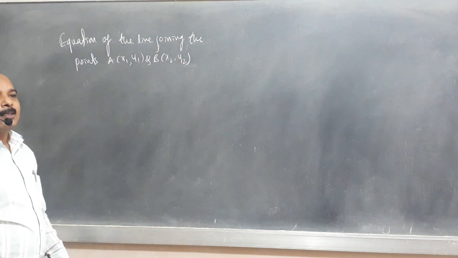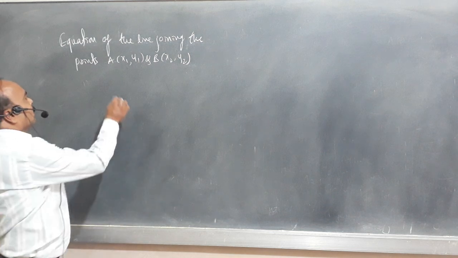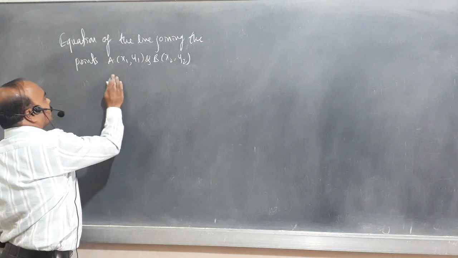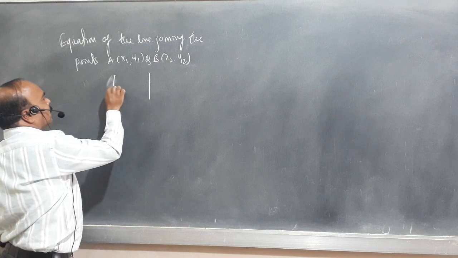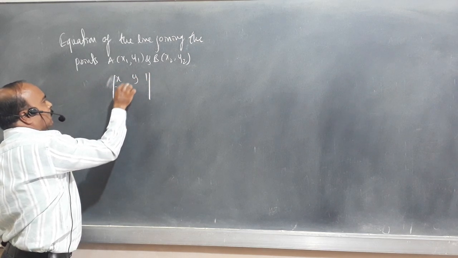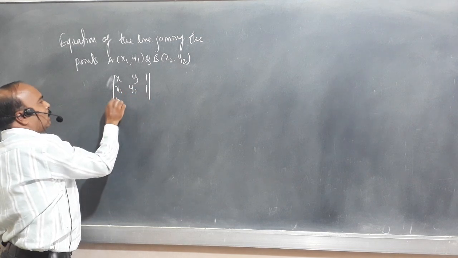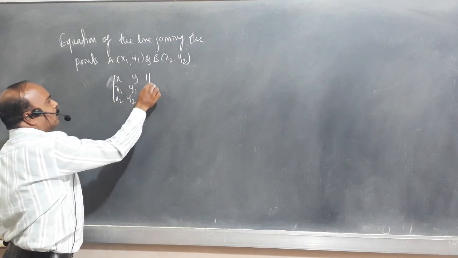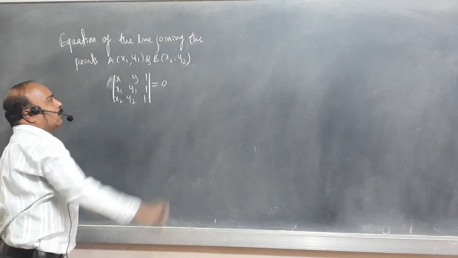Now for this we can use the determinant given by: first row x, y, 1; second row x1, y1, 1; third row x2, y2, 1; it is equal to 0.